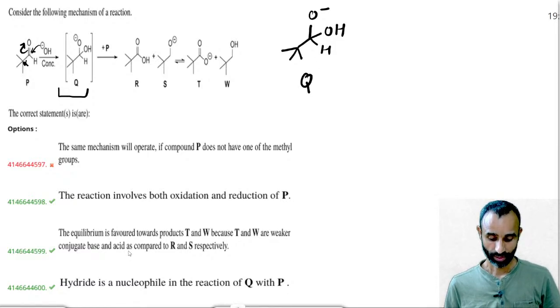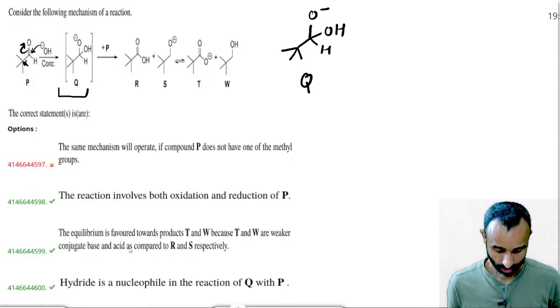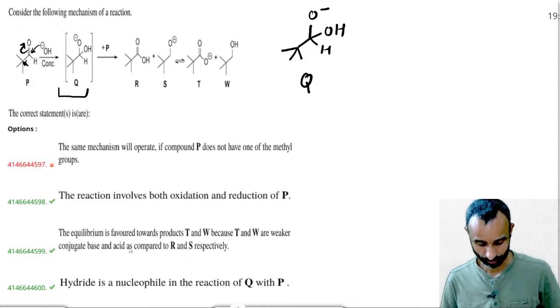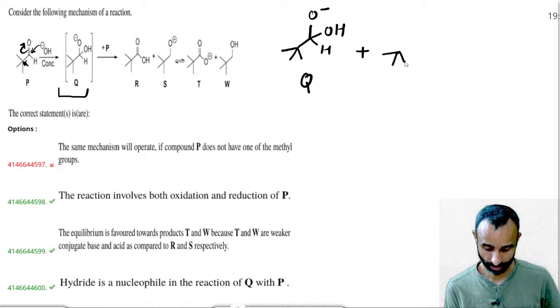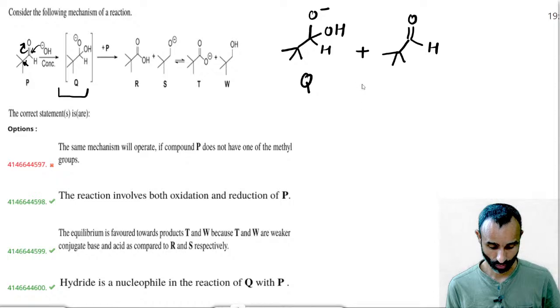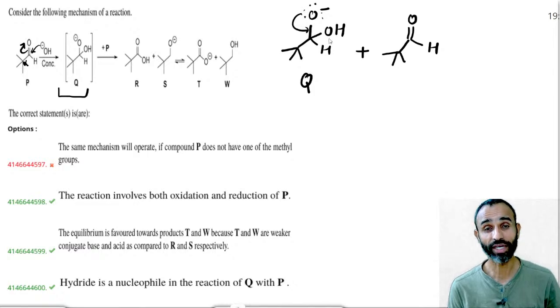Now this Q will react with another molecule of the same reagent. This is the mechanism of the Cannizzaro reaction.